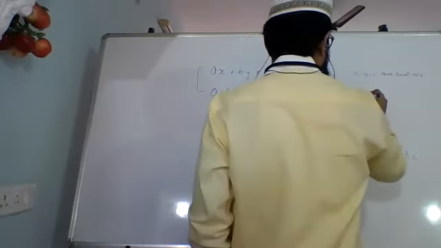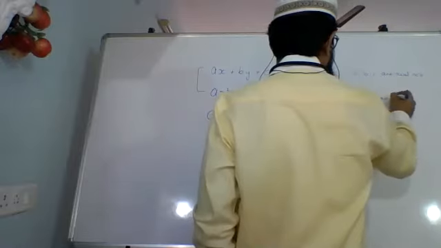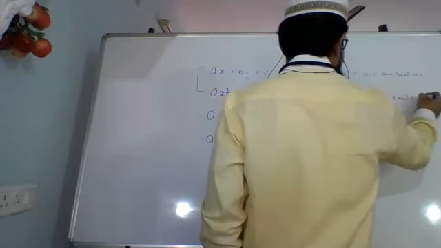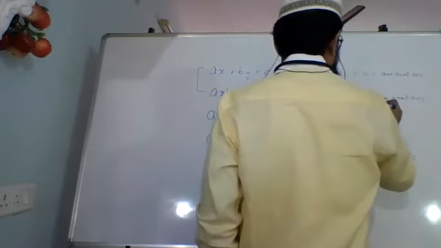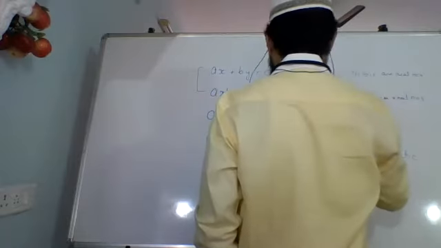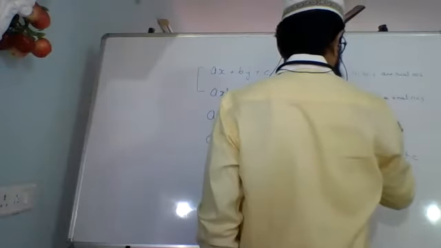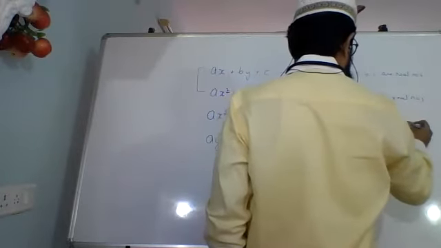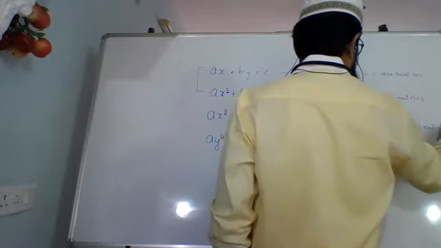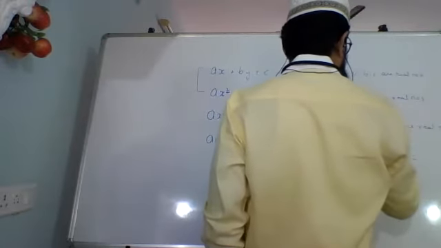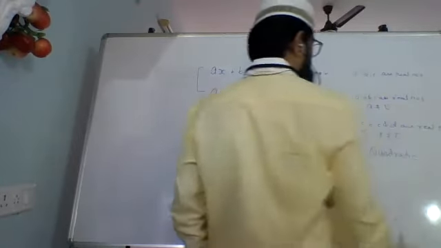Here also, not only that, but A cannot be equal to 0. Same over here. A, B, C, and D are real numbers, and A is not equal to 0.